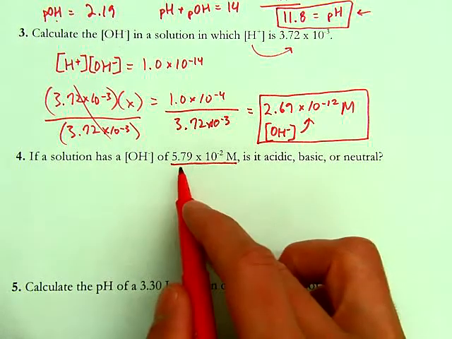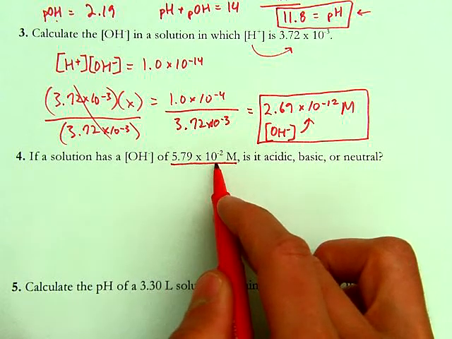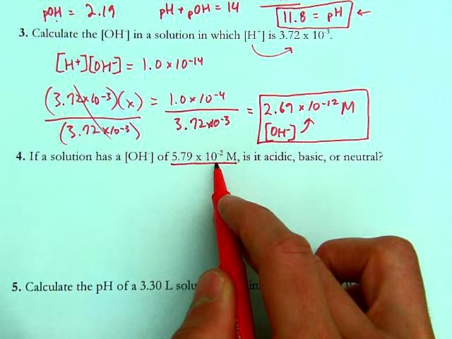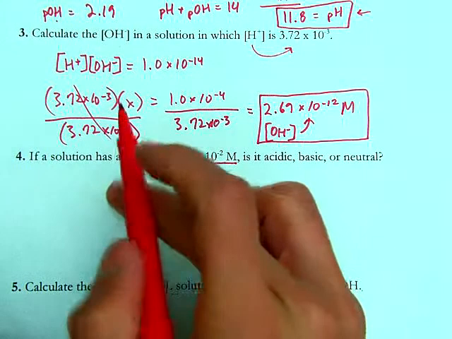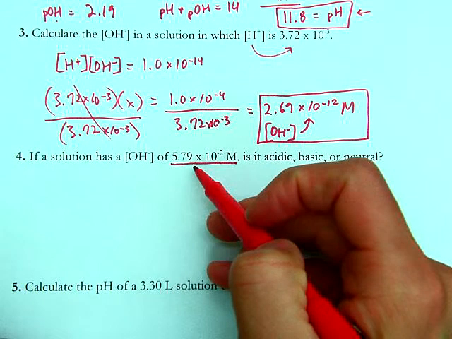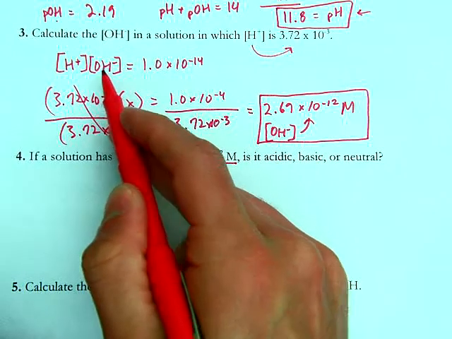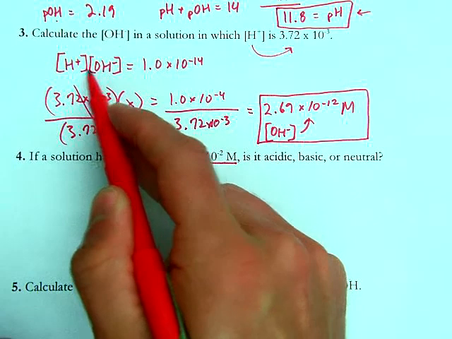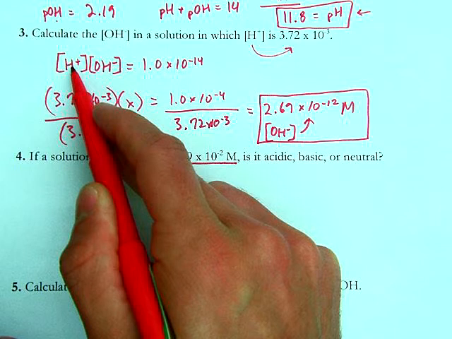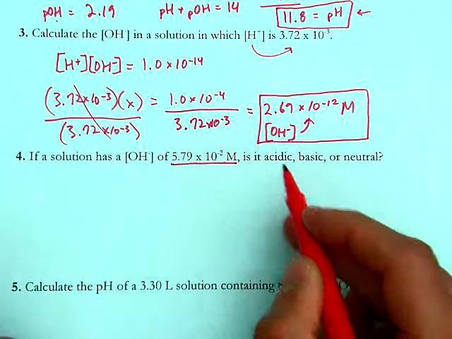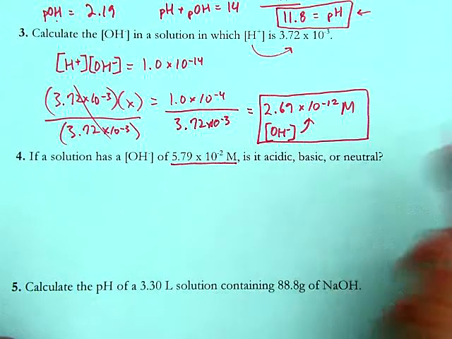Or we could take the negative log of this to find our pOH, and then subtract it from 14. So either way will get us to the same place, right? You could plug this into this equation here and solve for H. And once you know H, you could take the negative log of it to get pH. And based on the pH, you decide if it's acidic, basic, or neutral.